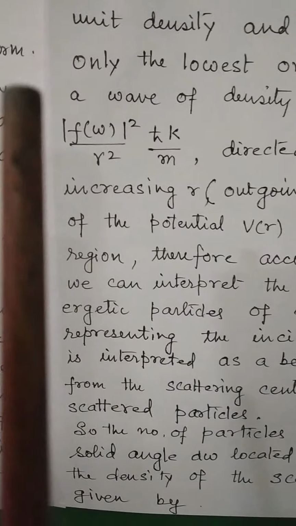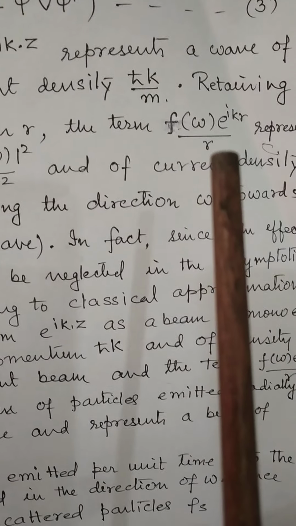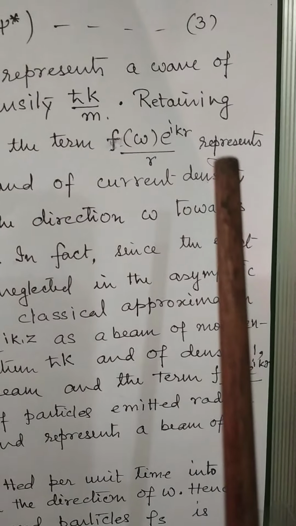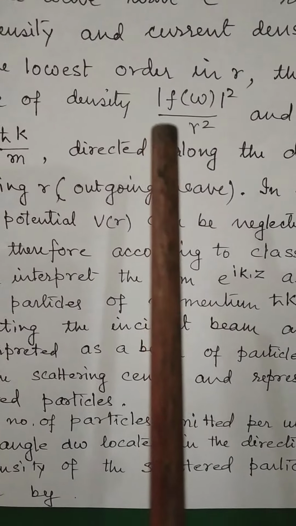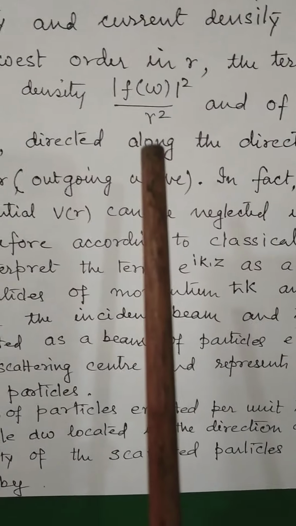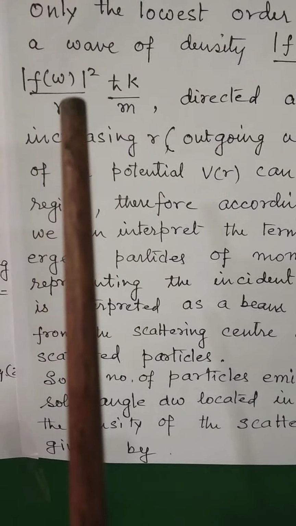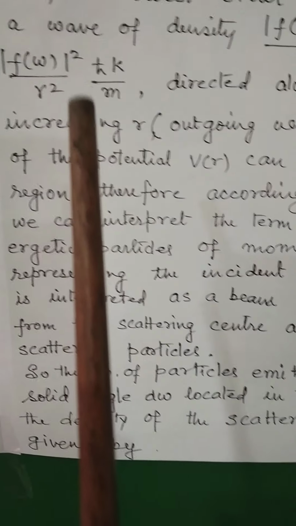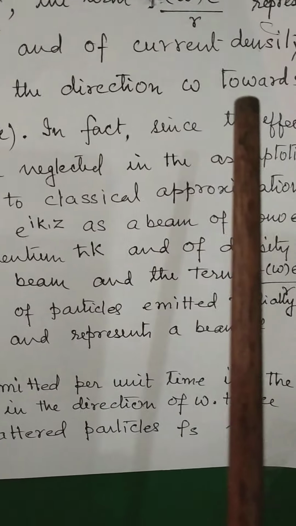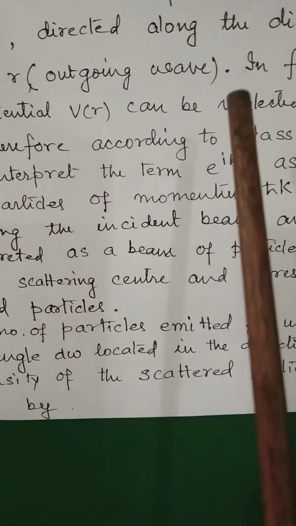Now, retaining only the lowest order in r, the term f of omega multiplied by e raised to the power of iota k r divided by r represents a wave density of absolute value of f omega whole square by r square and of current density absolute value of f omega whole square upon r square multiplied by h cross k upon m, directed along the direction omega towards increasing r, that is, an outgoing wave.